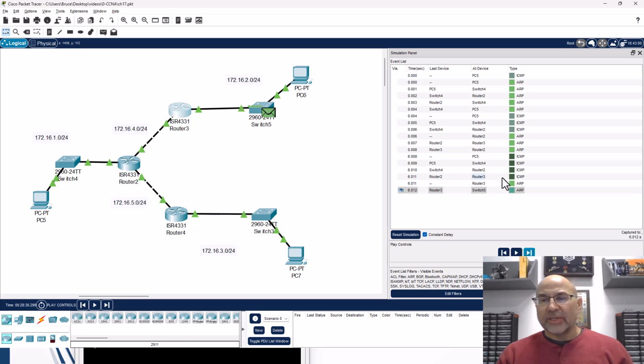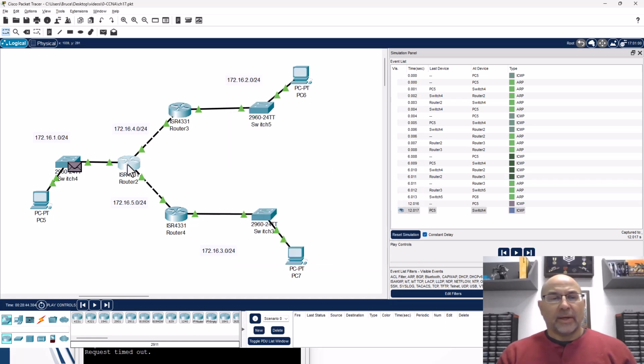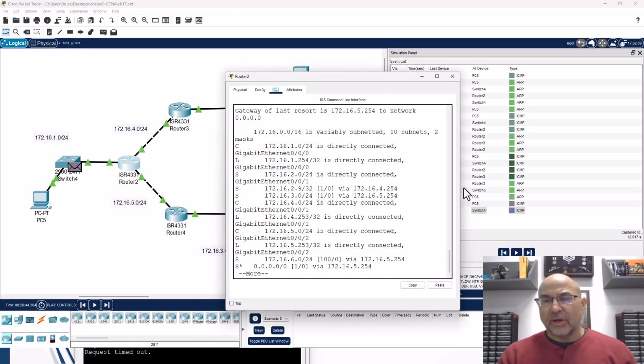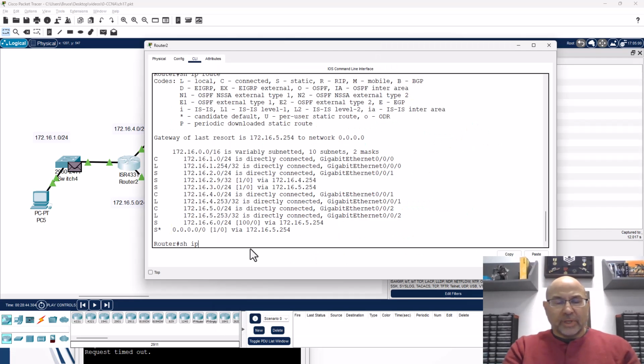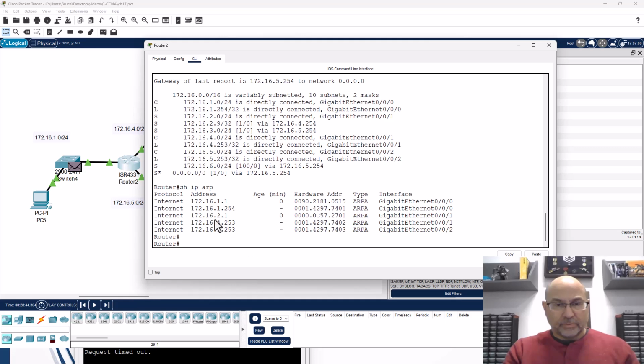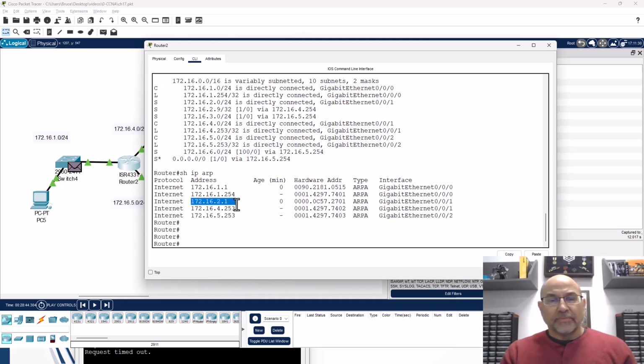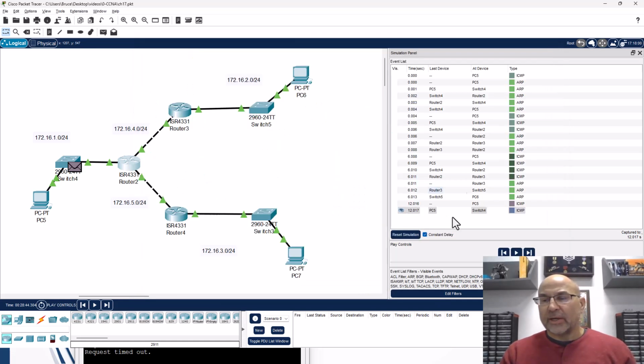And so this ICMP traffic gets all the way to router 3. And if we now take a look at the ARP table on router 2, we can see that the router itself is answering up for this particular MAC address.